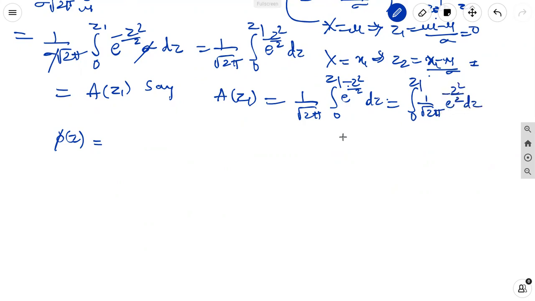So here we take phi of z equal to 1 by root 2 pi e power minus z square by 2. This is a function of z. This function is the standard form; it is the standard normal variate.